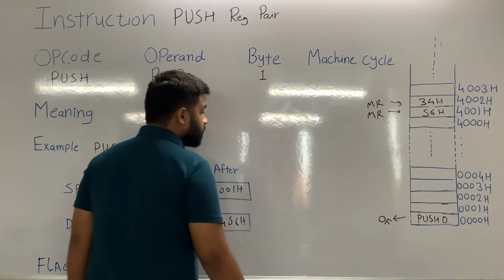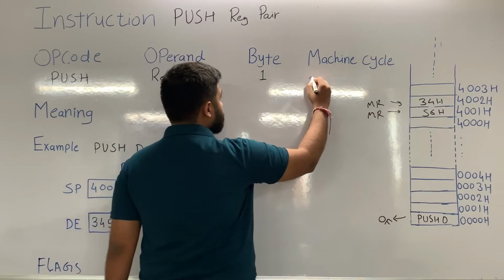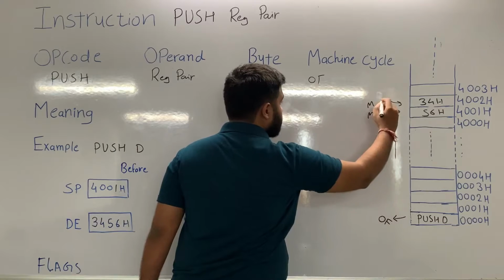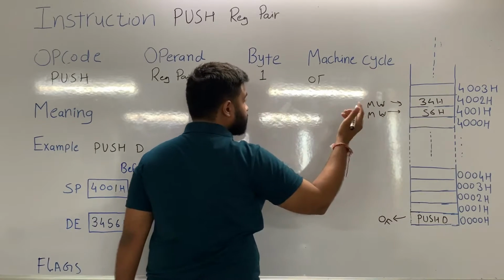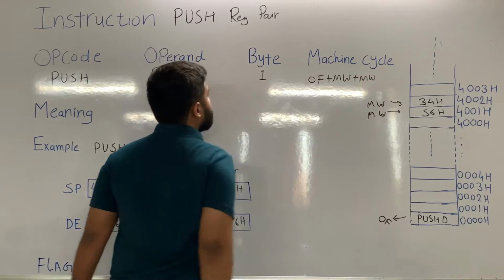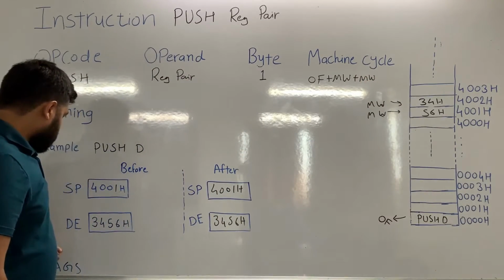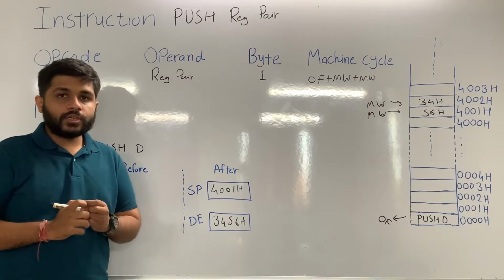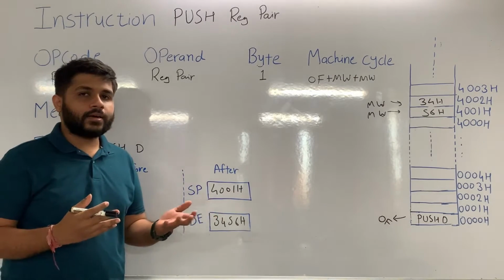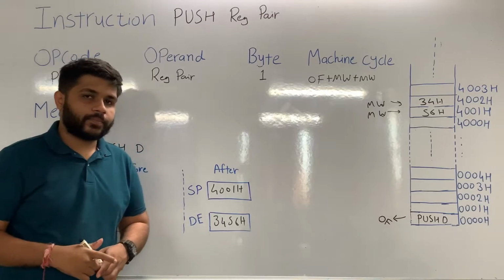So how many machine cycles are required? 3 machine cycles are needed. Opcode fetch plus memory write plus memory write. Now flags. For this instruction, no flags are affected because this instruction is just like an ordinary data transfer instruction.